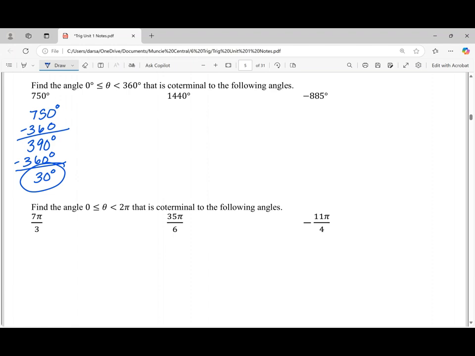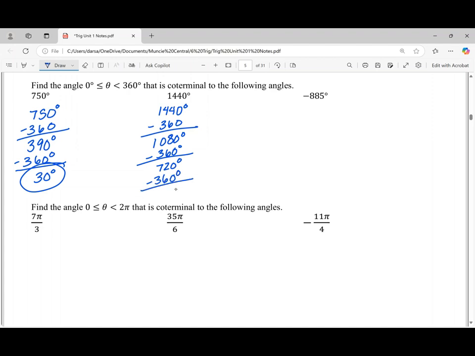Let's try 1,440. So what are we going to do? We're just going to subtract 360 degrees repeatedly. So 1440 minus 360 is 1080 degrees. Minus 360 again, because that's surely not smaller than 360. Well, we're down to 720 degrees, still not smaller than 360, so we'll do it one more time.